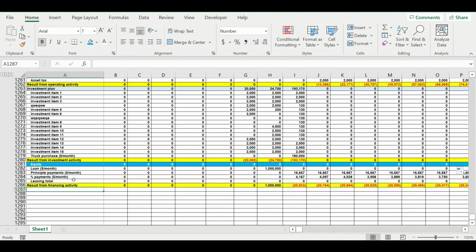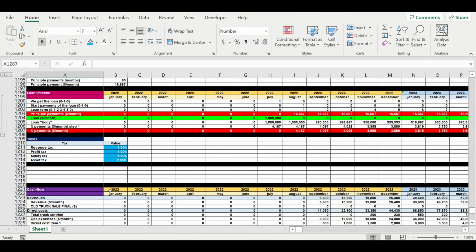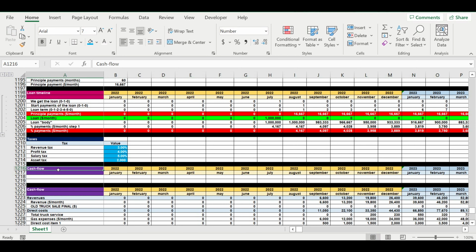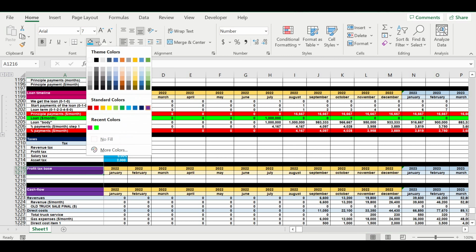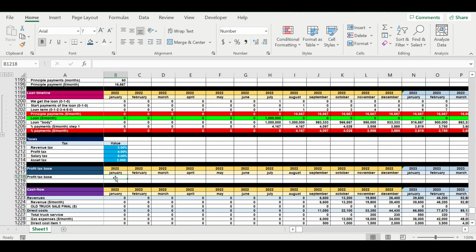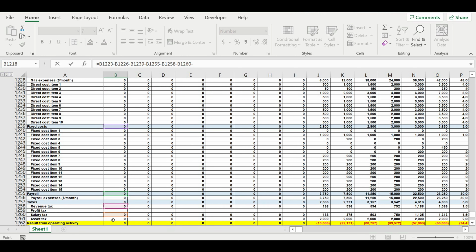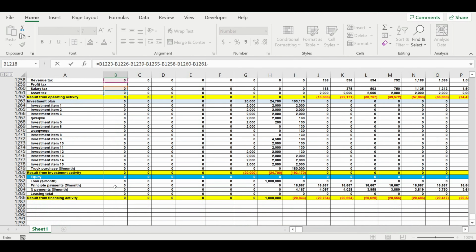Now we move to the top to calculate the profit. This will be the base for the profit tax. So this will be revenue minus direct costs minus fixed costs minus payroll minus revenue tax minus salary tax minus asset tax minus principal minus interest minus leasing.